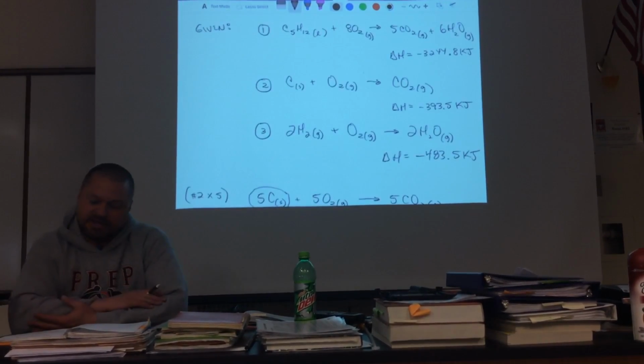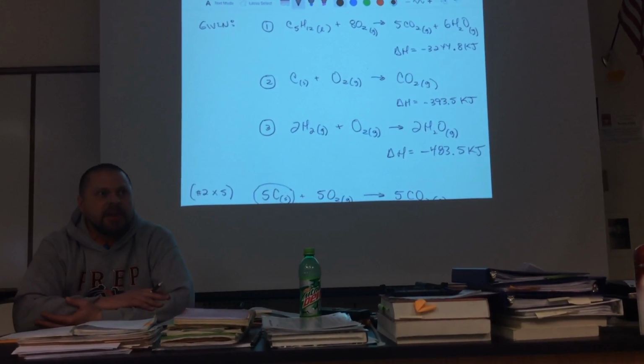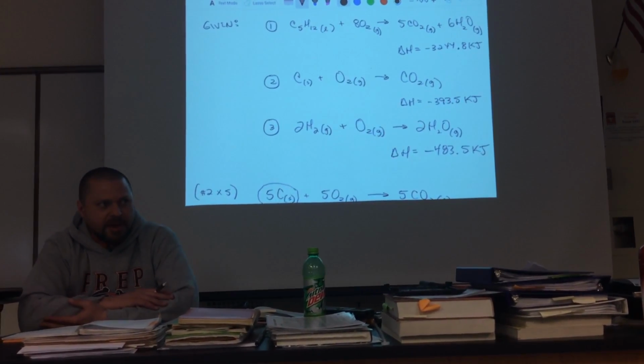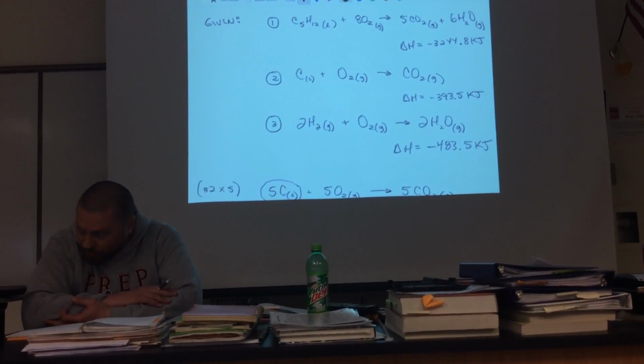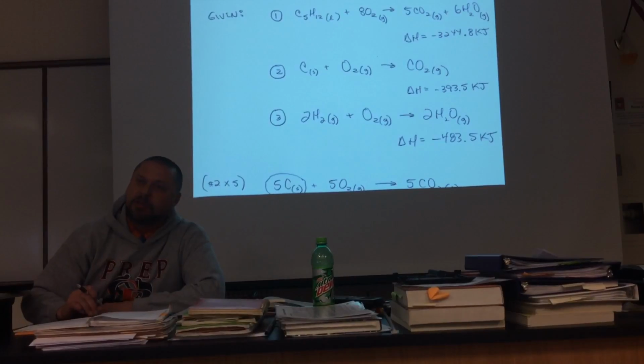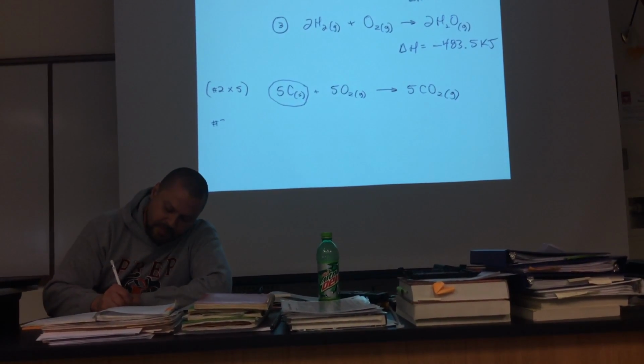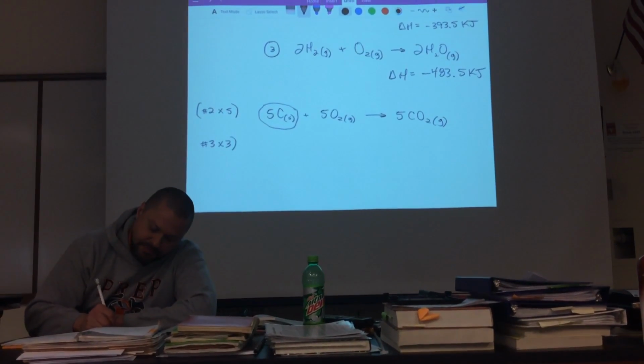And I go down to my equations, and do I have any equations that have H2 in it? Number 3. But what would I have to multiply it by? 3, right? So this time I'm going to take equation number 3 and multiply it by 3.